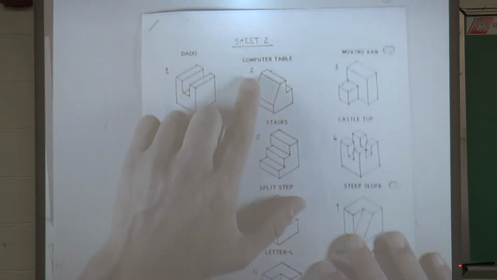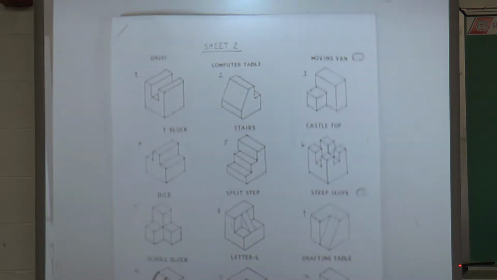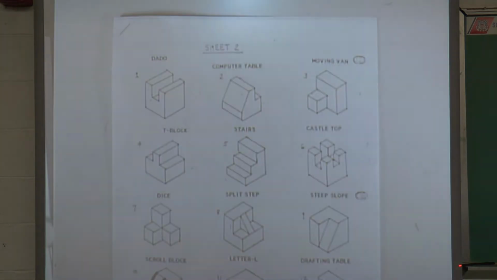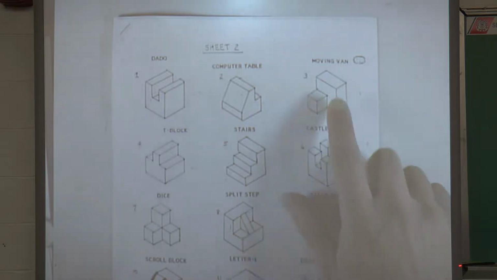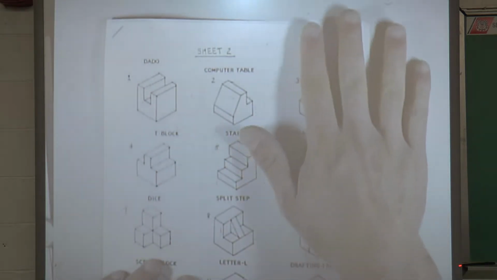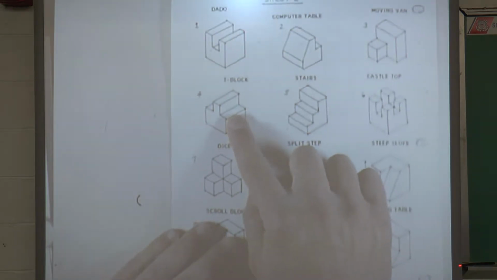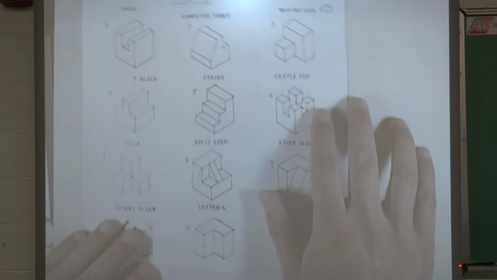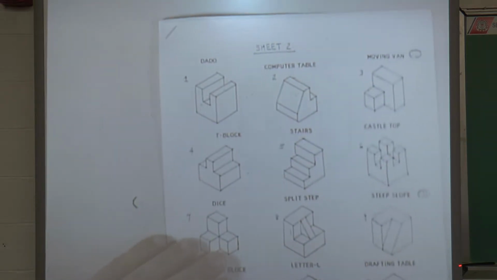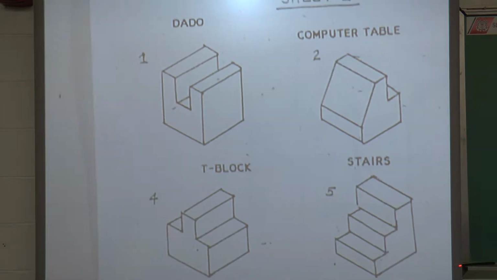So this is the computer table, number 2. The moving van, which is number 3, and so on and so forth. Okay, the T-block, the stairs, the castle top, each image.